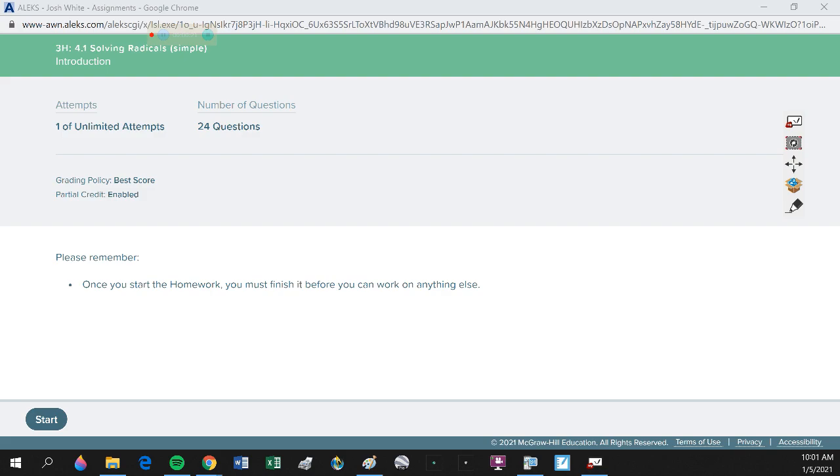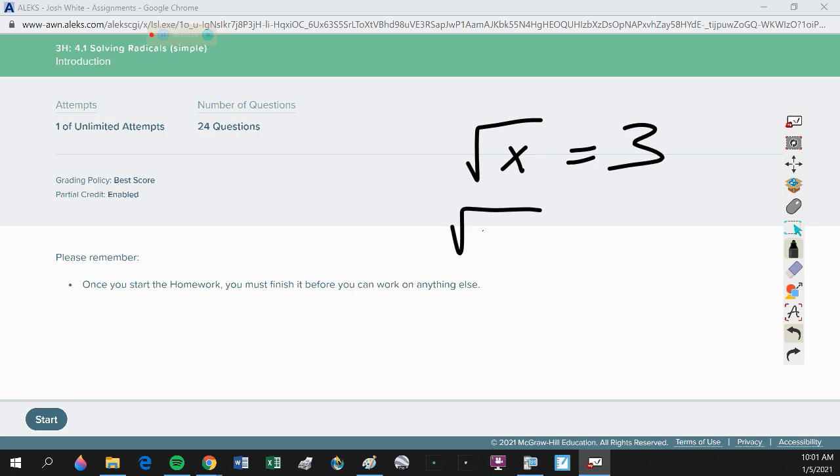So if I had something simple, such as the square root of x equals 3, what number makes that true? 9. The square root of 9 is 3. What if I had the square root of x minus 1 is 7?